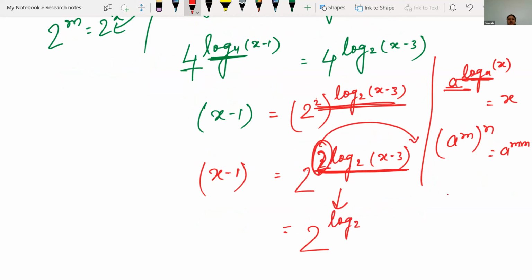Yes, ma'am. So we can write it as (x - 3) whole squared. Because whatever is in front of a log can be written as a power. So if there is something in front, we can write it as a power.